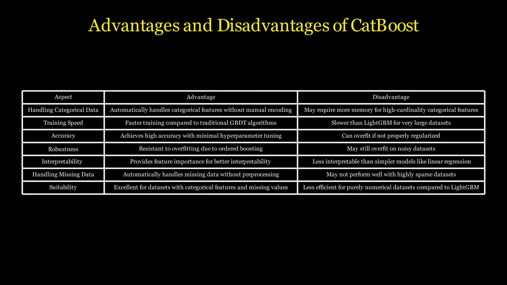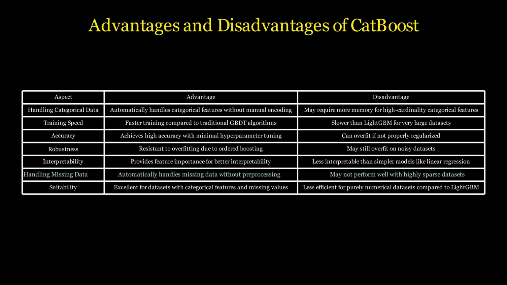CatBoost provides feature importance scores, making it more interpretable than some other boosting algorithms. However, it is still less interpretable than simpler models like linear regression or decision trees. CatBoost automatically handles missing data without requiring preprocessing, making it convenient for real-world datasets.